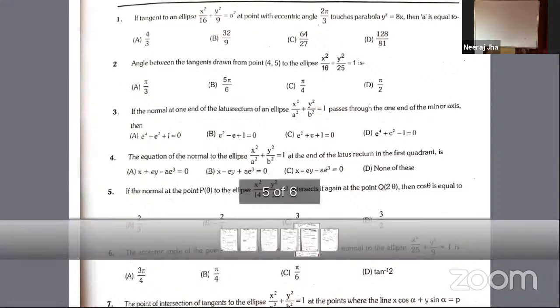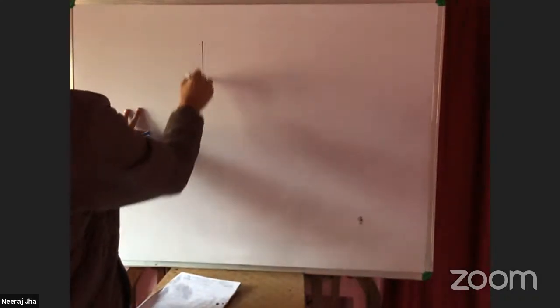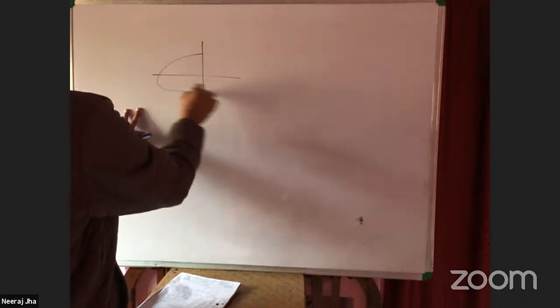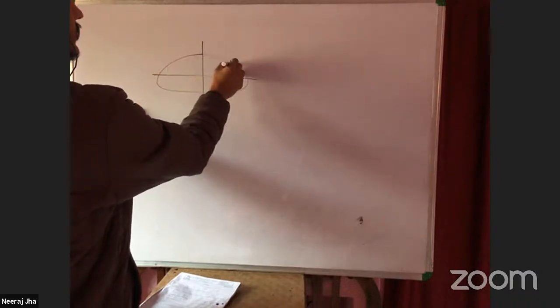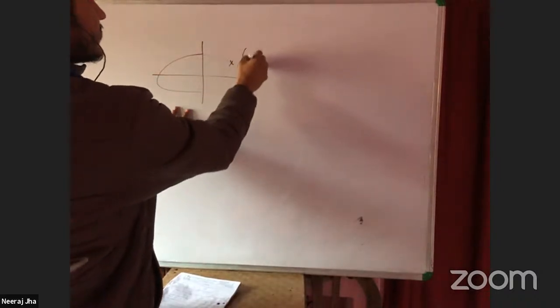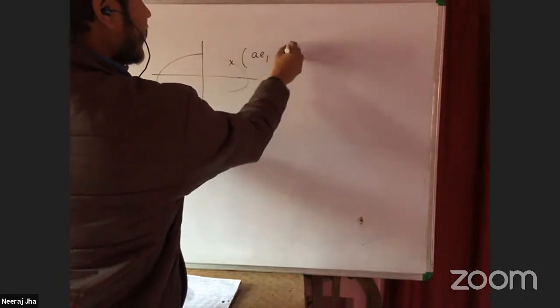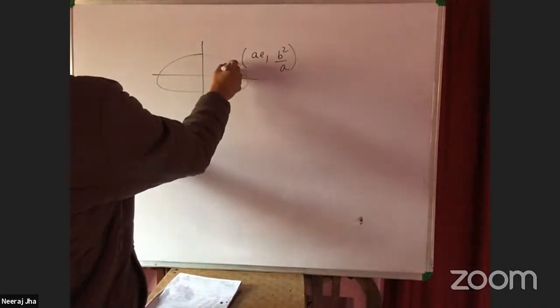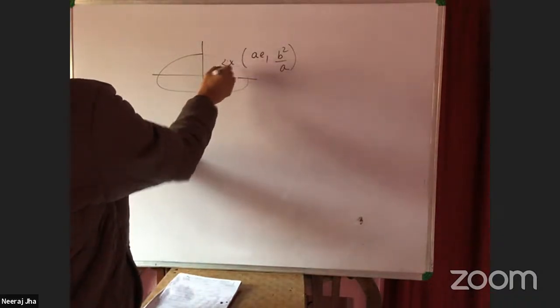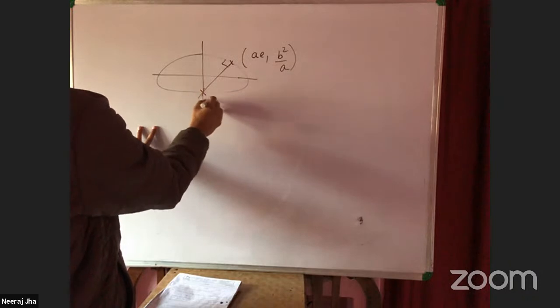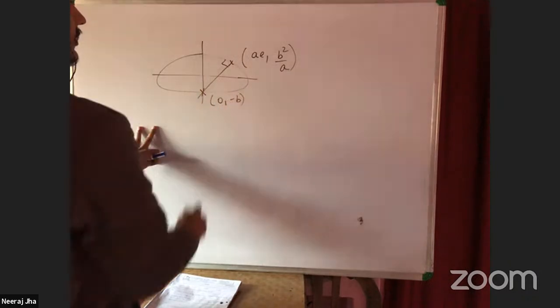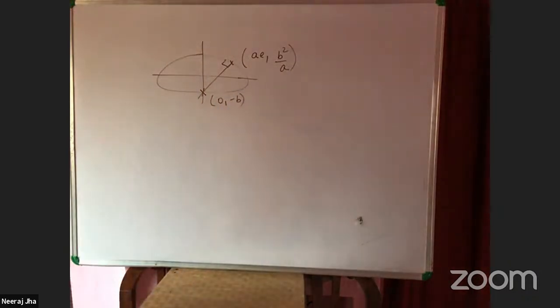If the normal at one end of the latus rectum of the ellipse x square upon a square plus y square upon b square, that is at the point ae comma b square by a, this is the end of the latus rectum. At this particular point, the normal is there. This normal is intersecting the curve again at one end of the minor axis. It is saying like this.